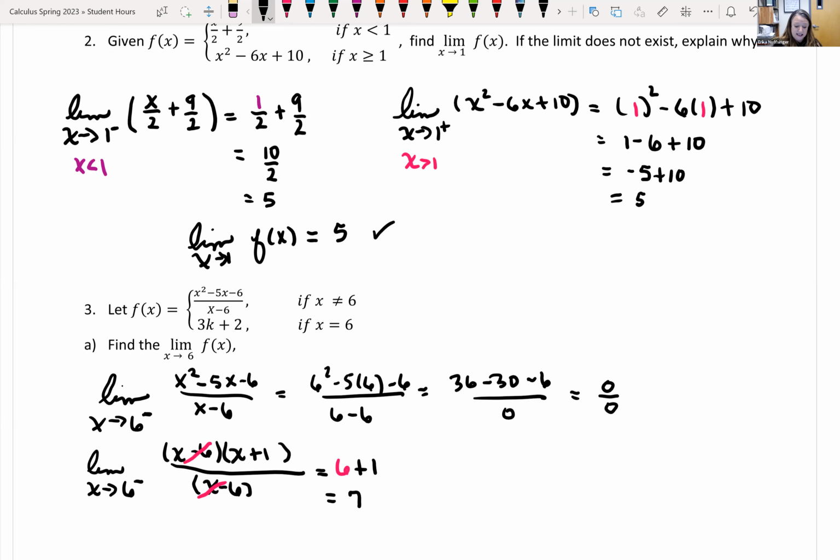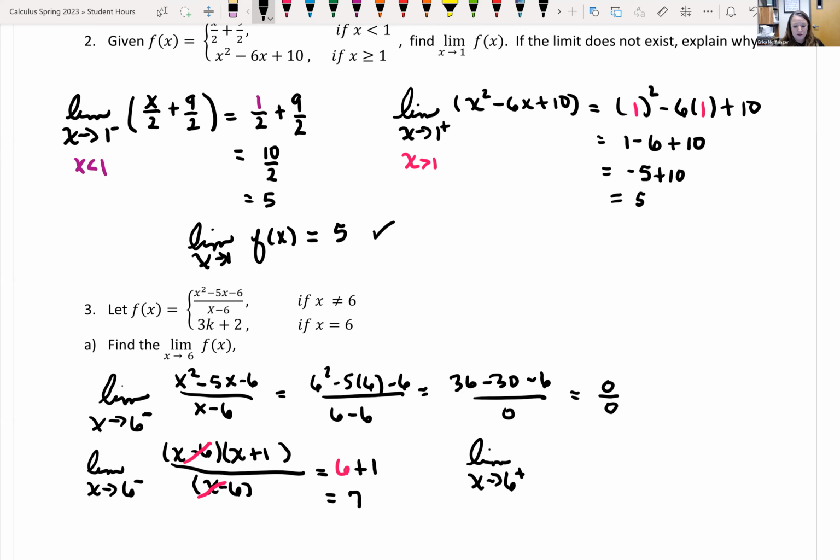So I do the exact same thing now, looking at the limit as x is approaching 6 on the right-hand side. If I'm coming into 6 on the right-hand side, I'm choosing values which are close to 6, but bigger than 6. And if x doesn't equal 6, that tells me that I use, again, that first equation.